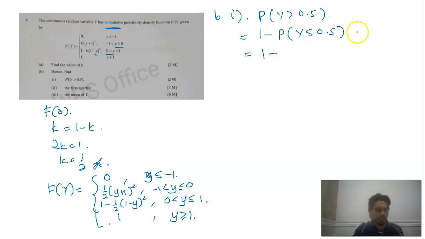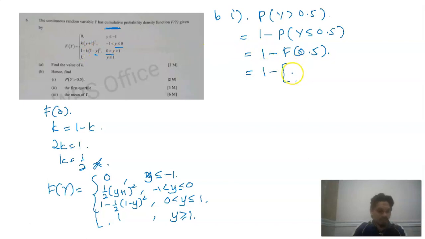So 1 minus F(0.5). 0.5 lies between 0 and 1, which uses 1 minus k, 1 minus y squared.